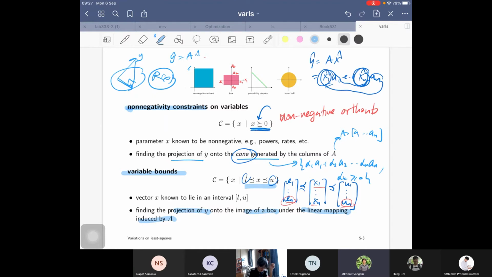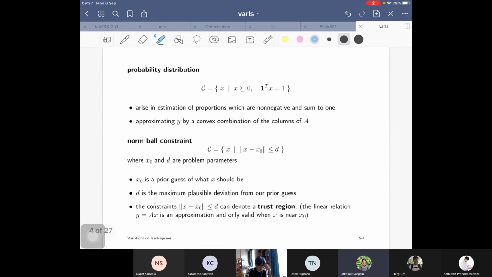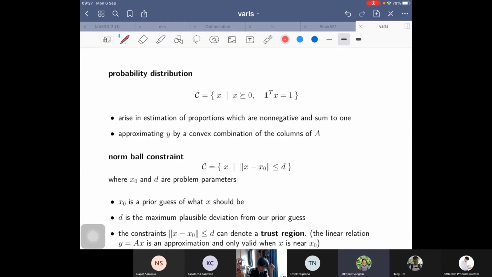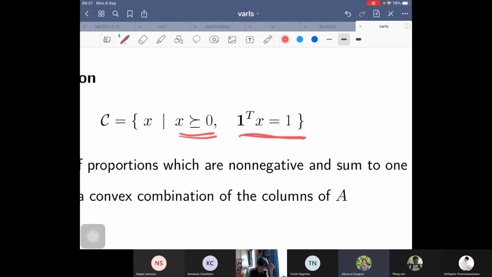Now let's see another example. This is something related to probability, related to fractions. Here's the constraint. You not only want x to be non-negative, but you want the sum of all x, where 1 is the all-ones vector. So 1 transpose x is going to be x1 plus up to xn. You want it to be exactly equal to 1.